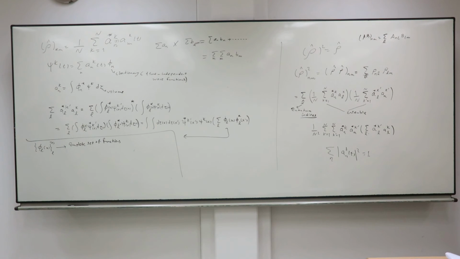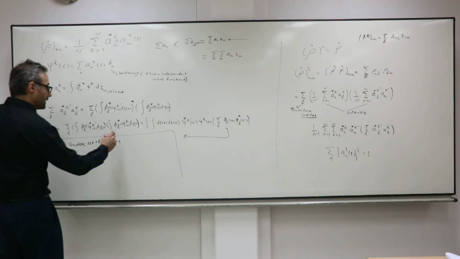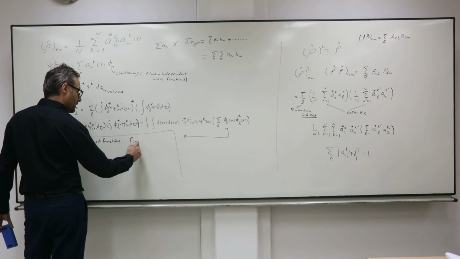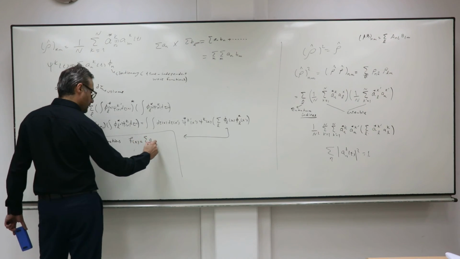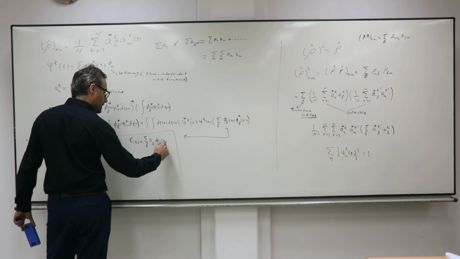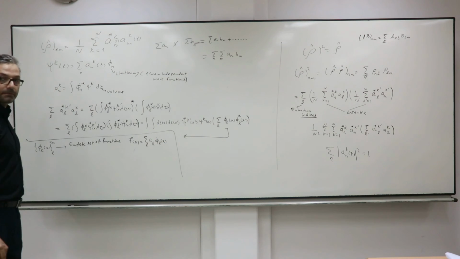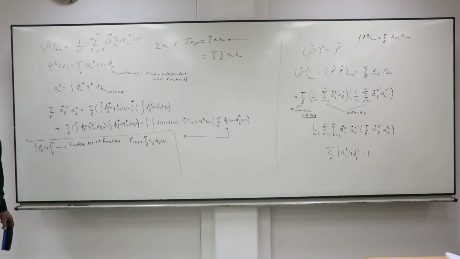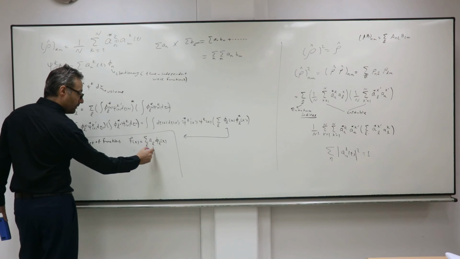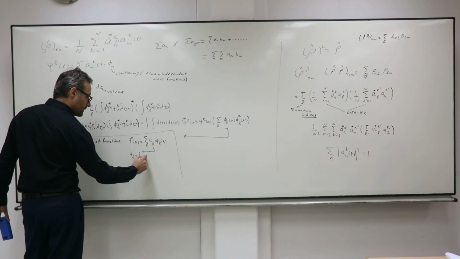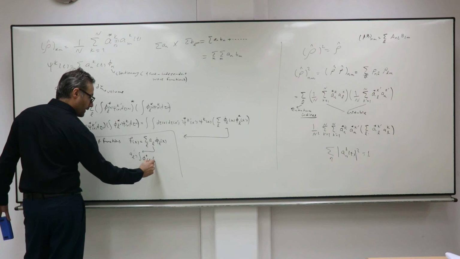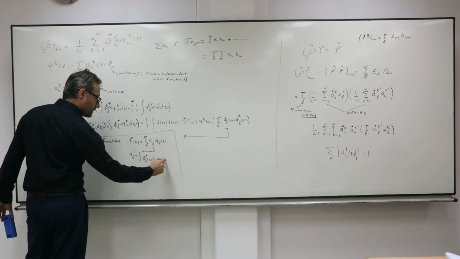A complete set of functions means that any function f(x) can be expanded in terms of these functions, and A_L is the integral of phi_L star(x) f(x) d tau x.